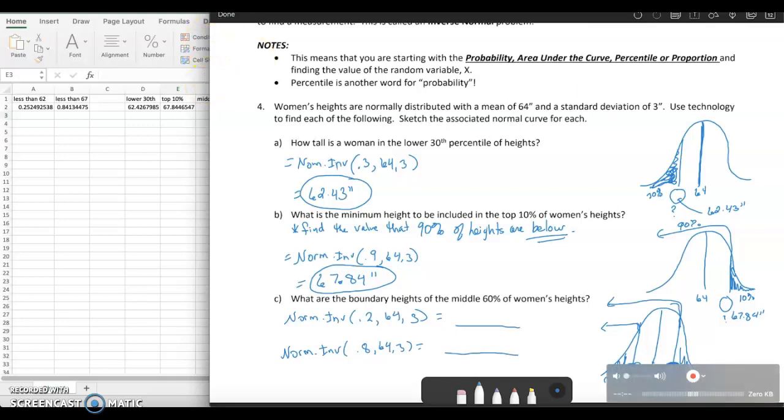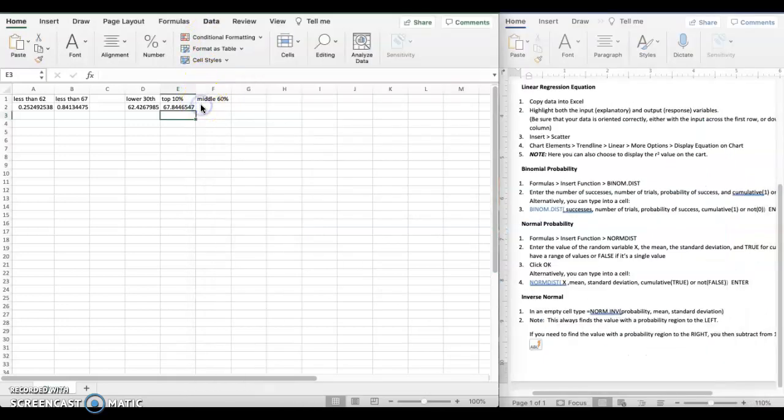So let's see. For that lower value, we're typing in norm.inv 0.2, 64, and 3. So, 61.48 inches. Does that make sense to be right here? It's below 64. Yeah, that makes sense.